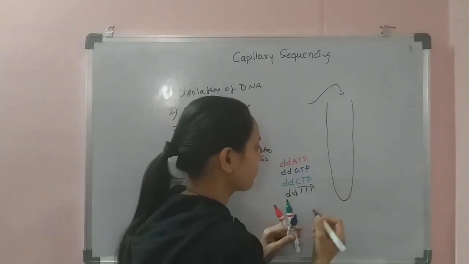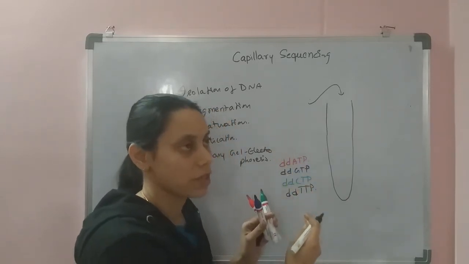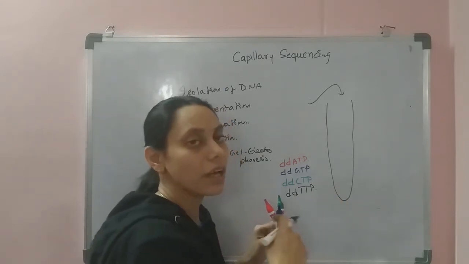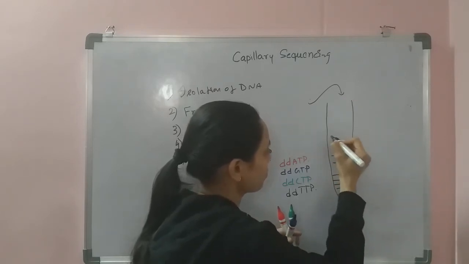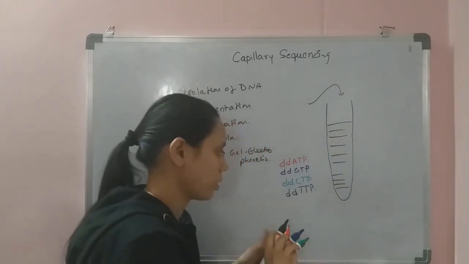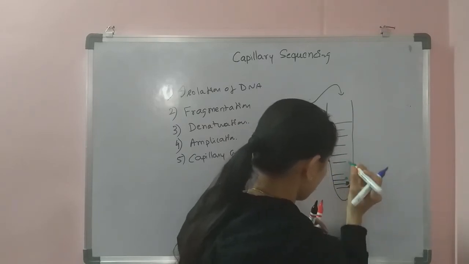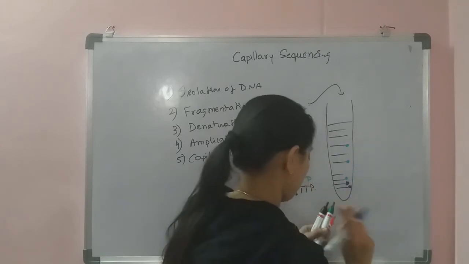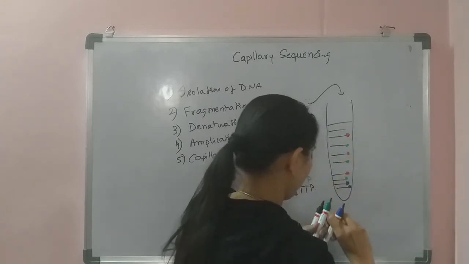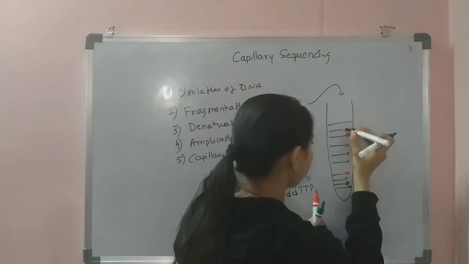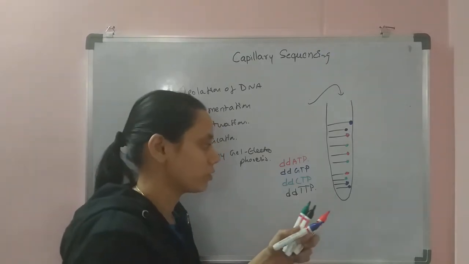So if we have taken this set of ddNTPs and carried out the experiment, the banding pattern we obtain will be like this.